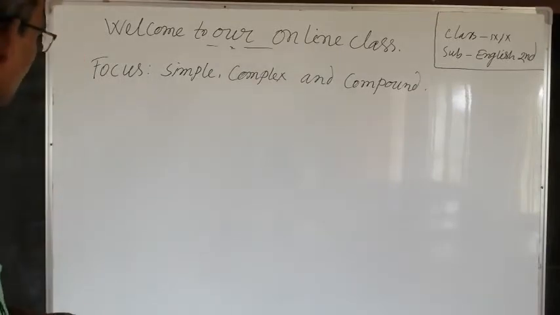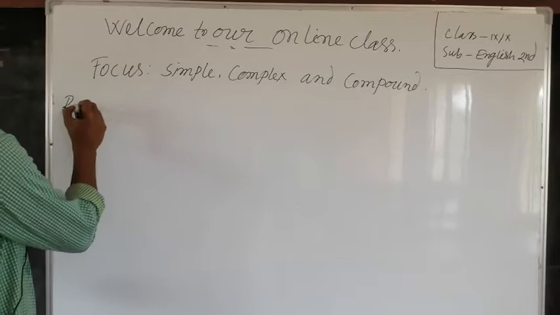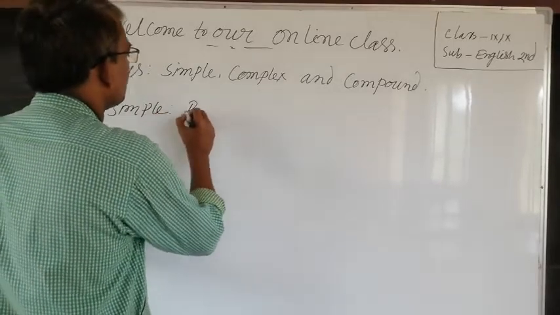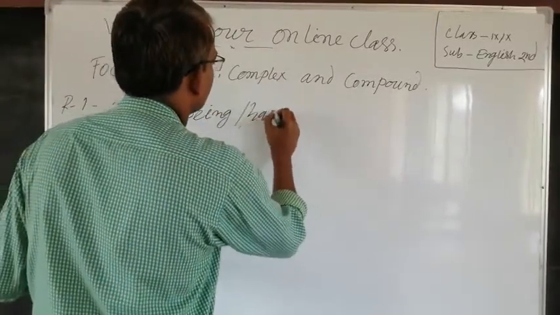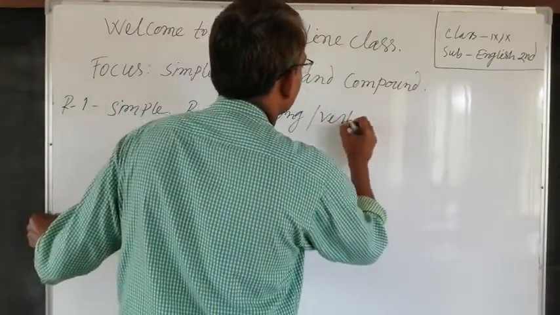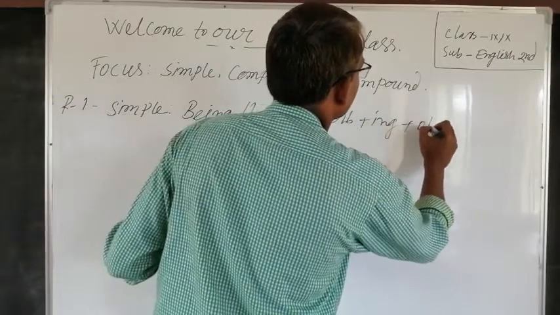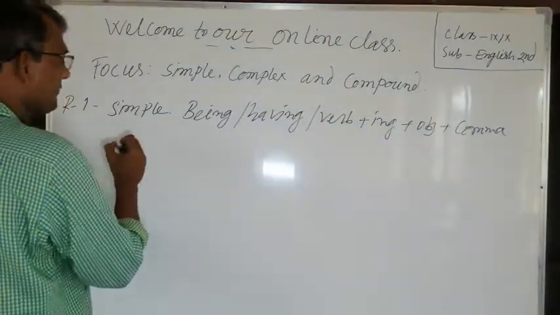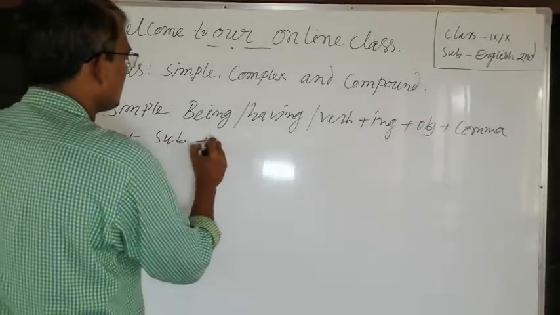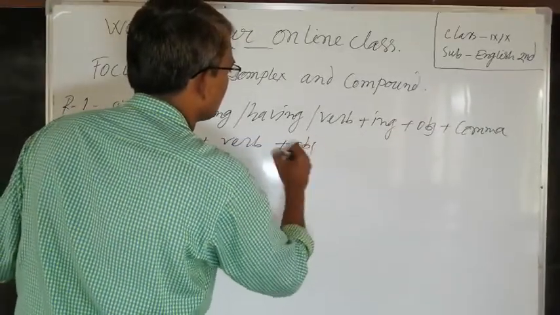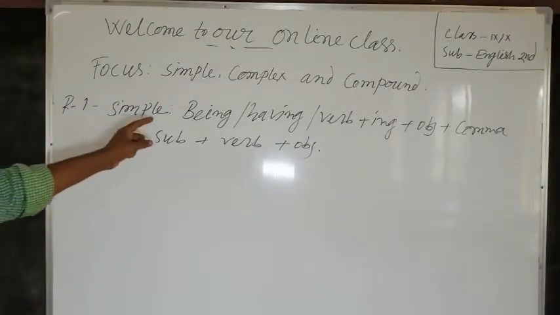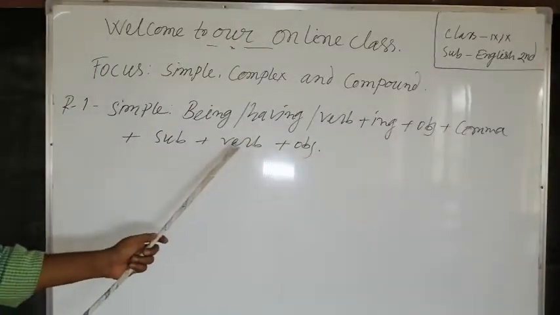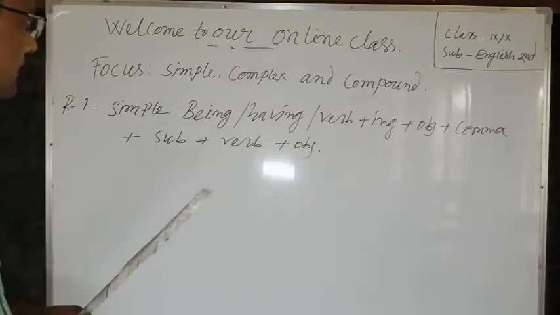So, dear students, rule 1. Rule 1 is simple: being, having, verb plus ing, object, comma, subject, verb, object.